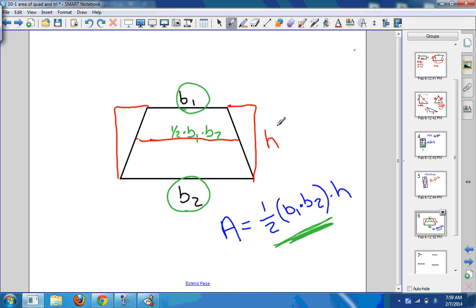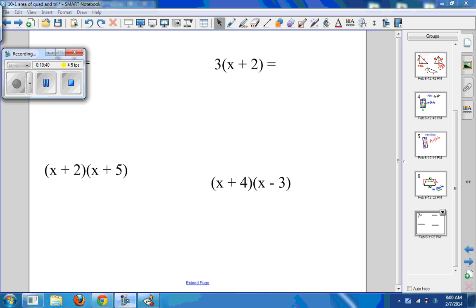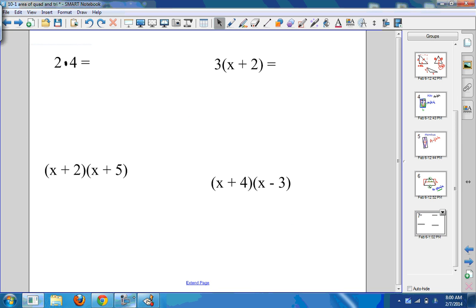Okay, the last topic for today is multiplying some different objects together. So hopefully we know how to do some of these. We have 2 times 4 here, which everyone's saying, okay, Mr. Wilmus, that's easy, it is 8. I just want to show you a different way of multiplying 2 times 4.